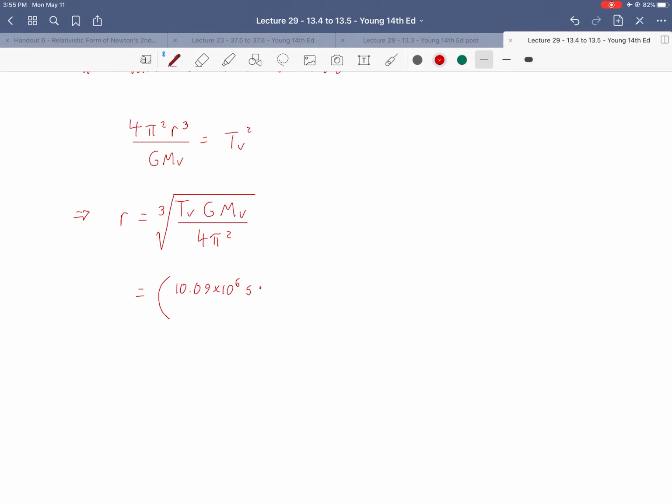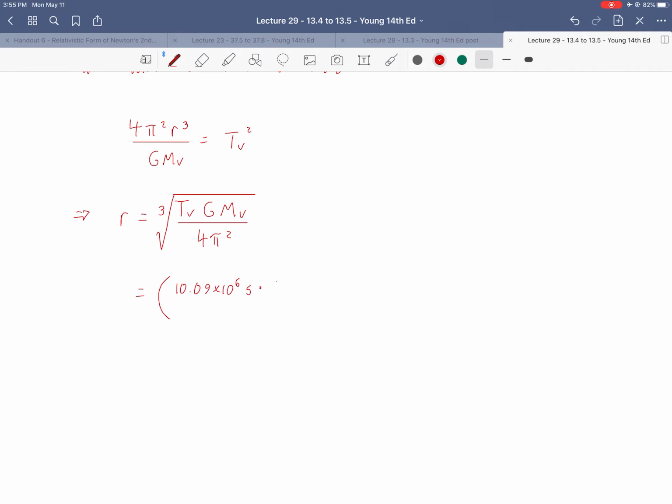And then we're going to put in our gravitational constant. So our 6.626 times 10 to the negative 11 Newton squared, meter squared, per kilogram squared. All right, let's pull something up.